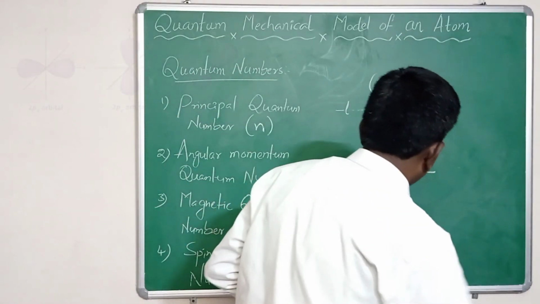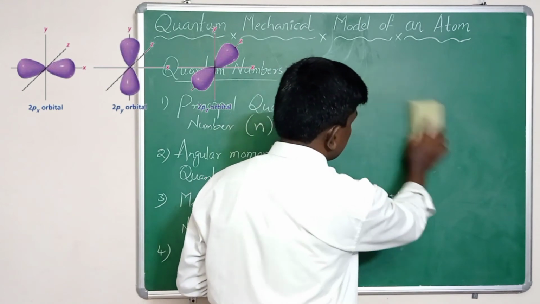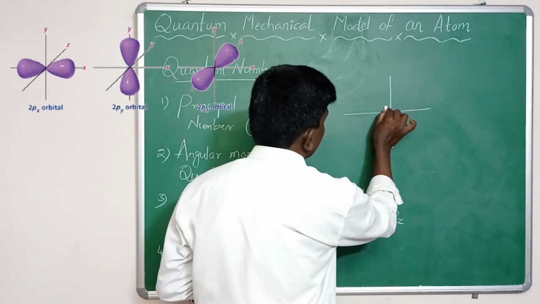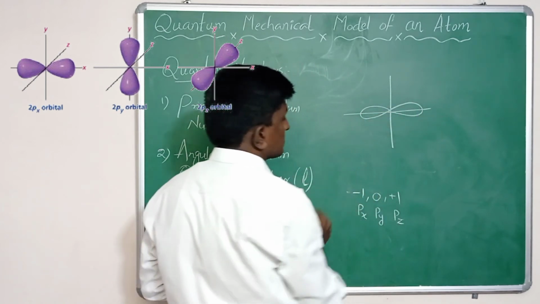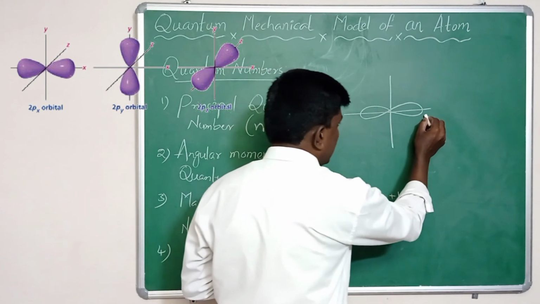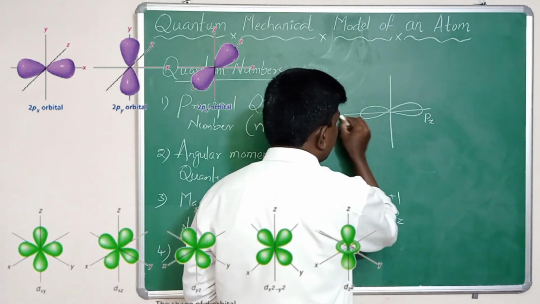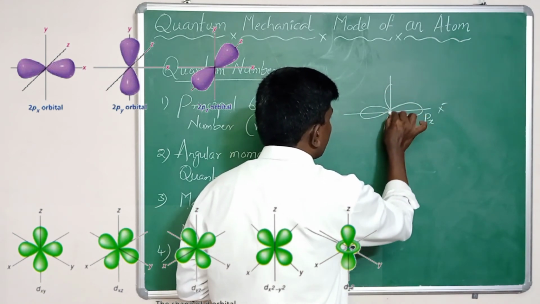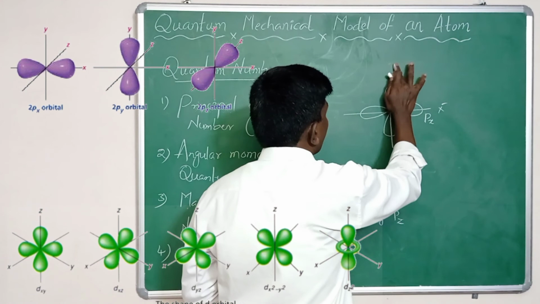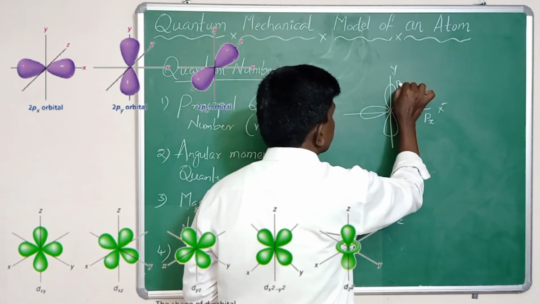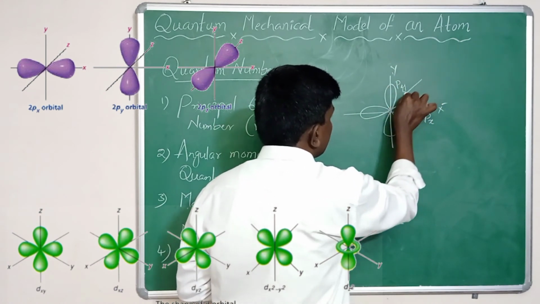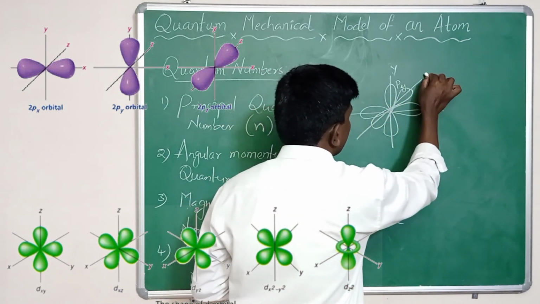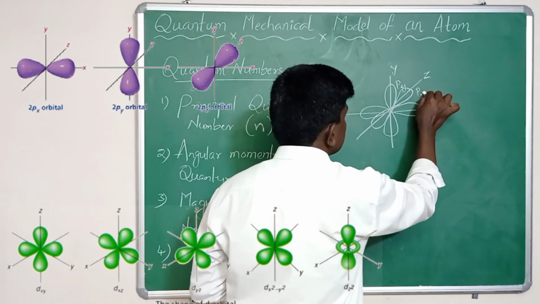The orientation of the p orbital is generally like this. The px is always along the x axis, a dumbbell-shaped p orbital. The py orbital is along the y axis, this is py, and let us say this is the z axis, and one more p orbital is oriented along the z axis, that is pz.